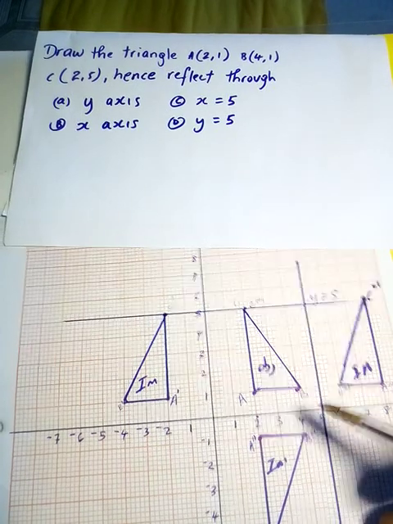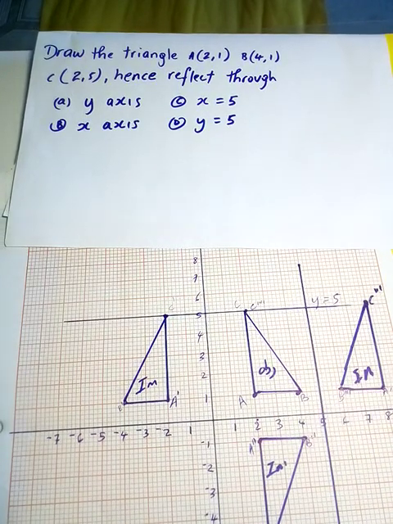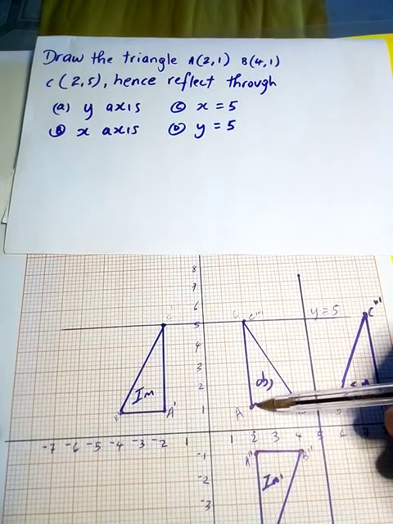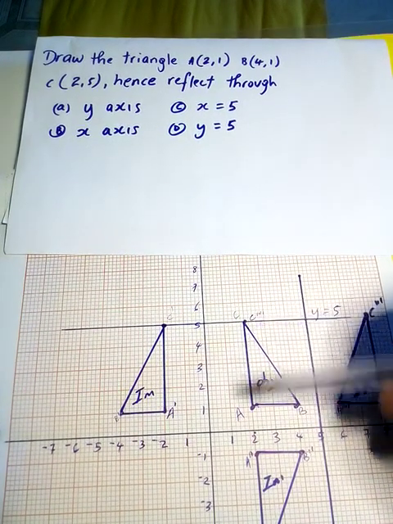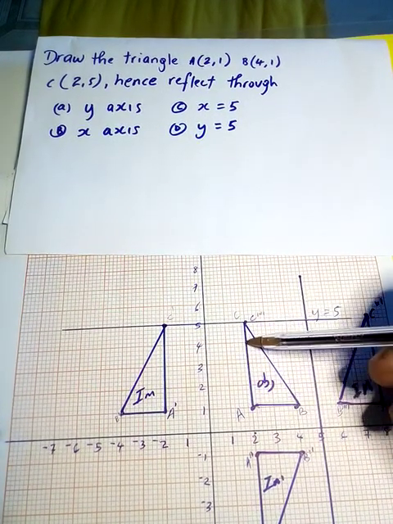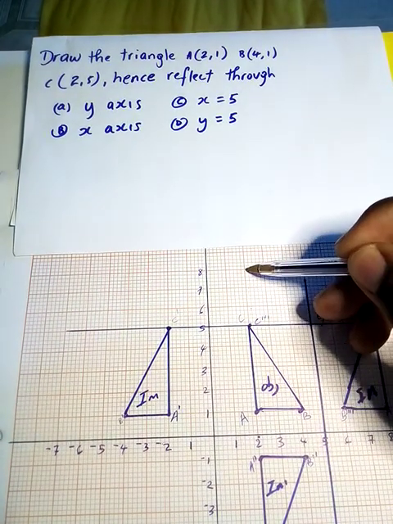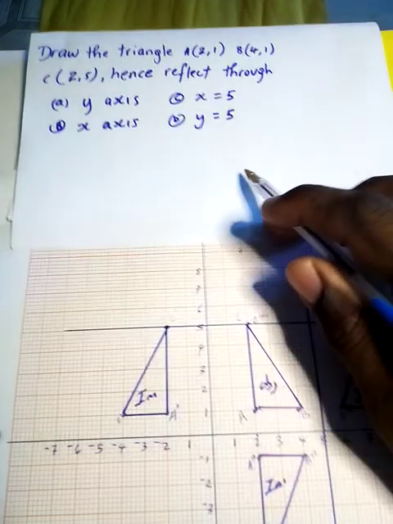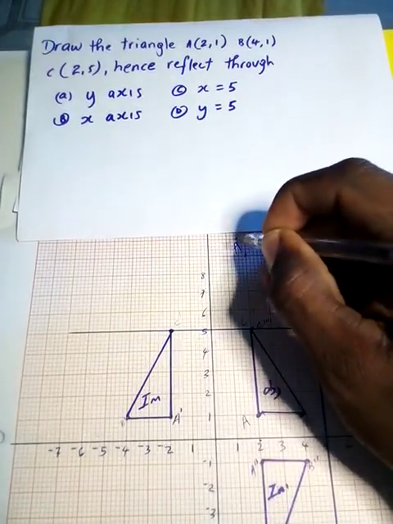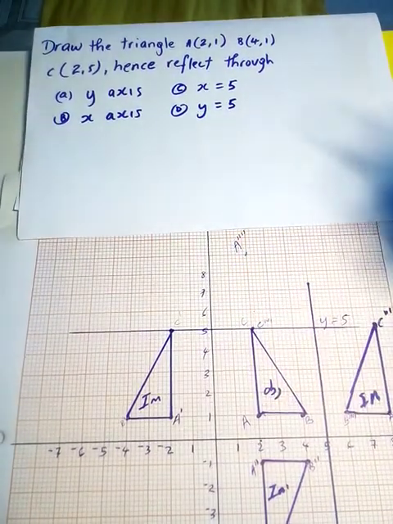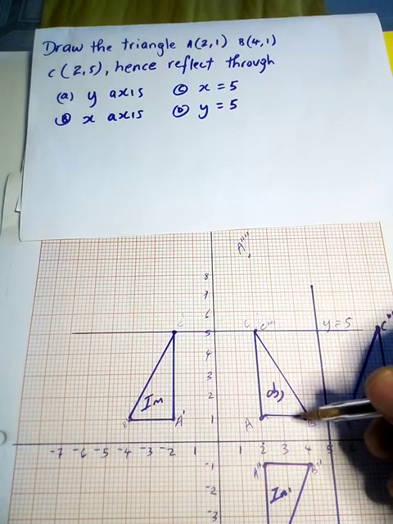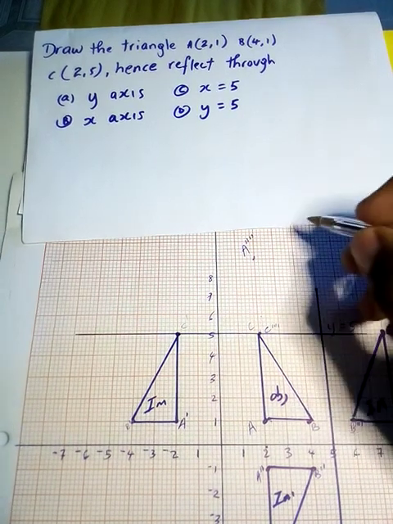Now how far is point A from the mirror line? 1 unit space, 2 unit spaces, 3 unit spaces, 4 unit spaces. That means A prime prime prime prime will form there. How far is B? Same, 4 spaces.